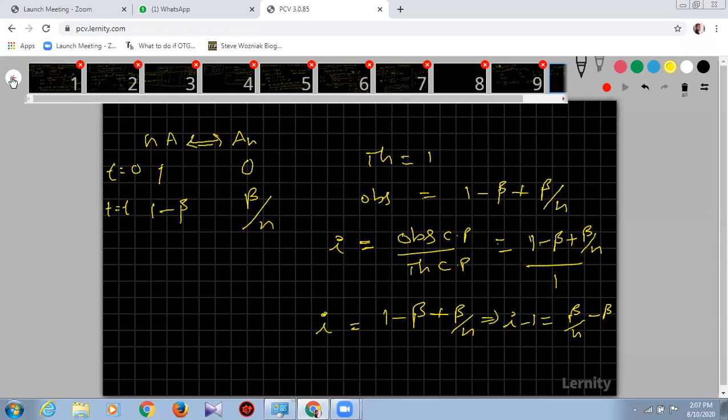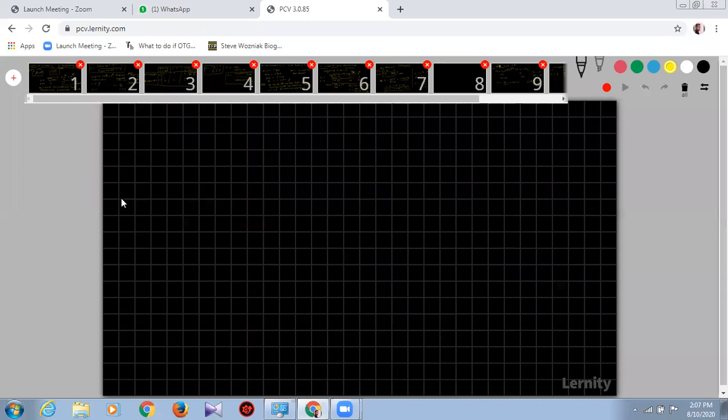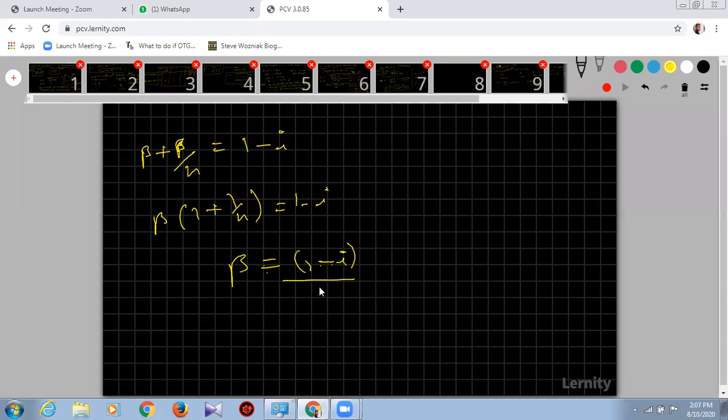Okay, I'll show it. Then what now? Beta plus beta by n is equal to 1 minus i. Can I write like this? Now, beta into 1 plus 1 by n is equal to 1 minus i. Now, beta is equal to 1 minus i by n plus 1.